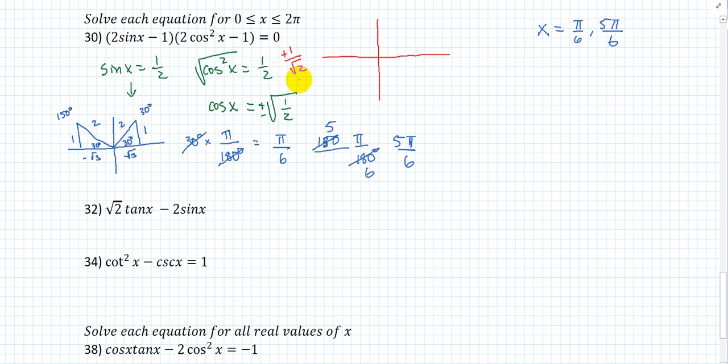Excuse me, it's the square root of 1, or 1 over square root 2. Oh, we're fine right now. Okay, so if it's positive, it would be here, and the other positive would be down here.